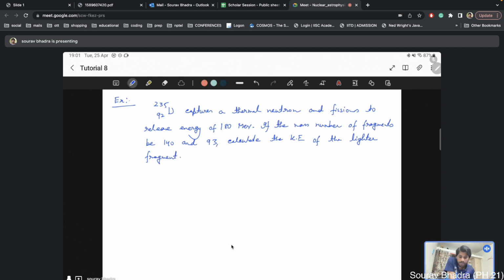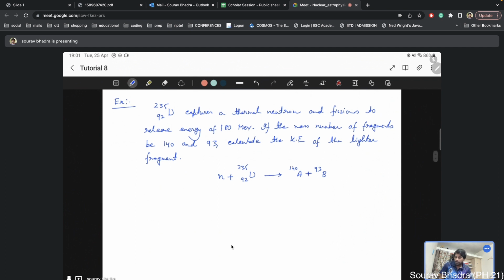This is the question: 92 uranium 235 captures a thermal neutron, that means neutron plus 92U235, and then fissions, and it makes two products, which product has not been said, with mass numbers 140 and 93. I am writing them as 140A and 93B, and it releases energy of 180 MeV.